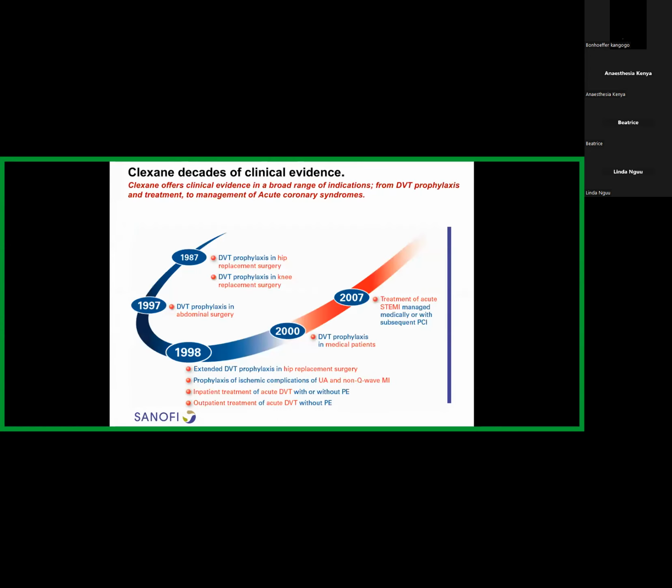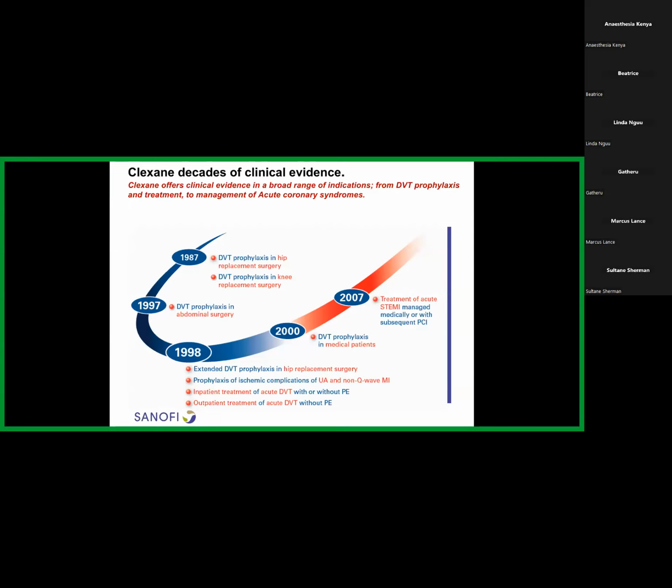Clexane has decades of clinical evidence in different indications, whereby it has been proven through studies, and it has been shown to be well equipped in prevention and even in treatment, from DVT prophylaxis in hip replacement surgery and knee replacement surgery, all the way to treatment of acute STEMI patients who are being managed medically with or without PCI.